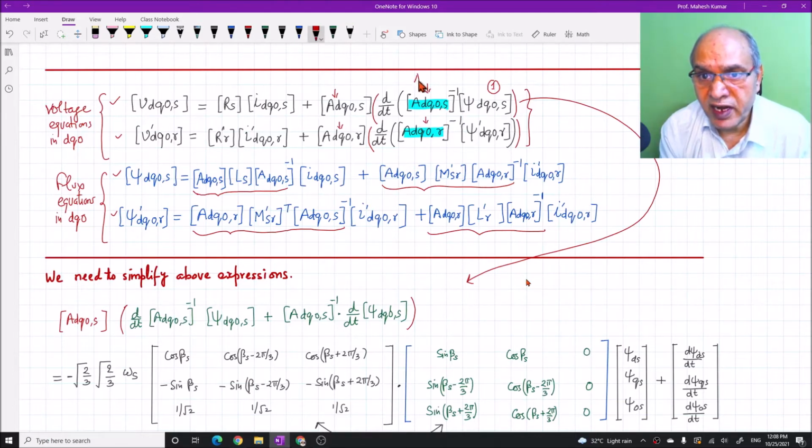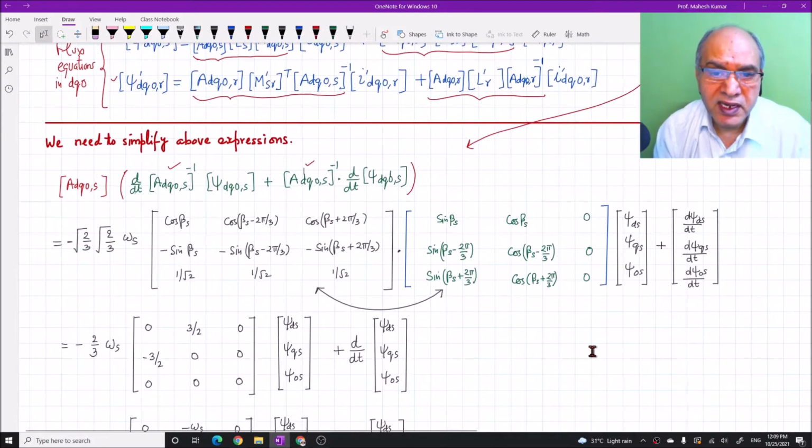In short, we can write the A matrix of the stator and the A matrix of the rotor, or Tr and Ts. So this derivative is written as d/dt of the inverse, this term, times psi_dq0s, plus this term as such, and then d/dt of psi_dq0s.